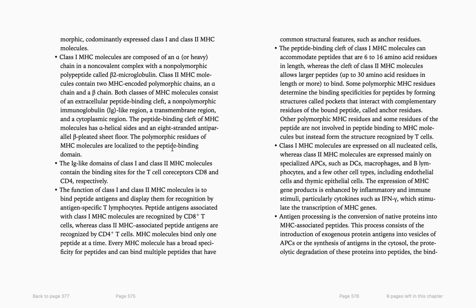The polymorphic residues of MHC molecules are localized to the peptide binding domain. The Ig-like domains of class 1 and class 2 MHC molecules contain the binding sites for the T cell co-receptors CD8 and CD4, respectively. The function of class 1 and class 2 MHC molecules is to bind peptide antigens and display them for recognition by antigen-specific T lymphocytes.